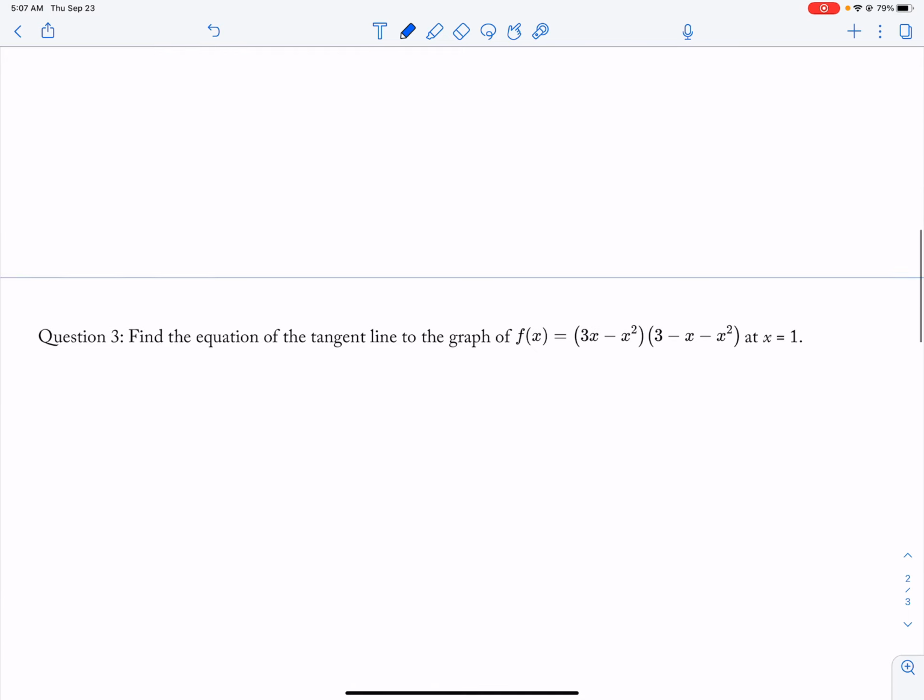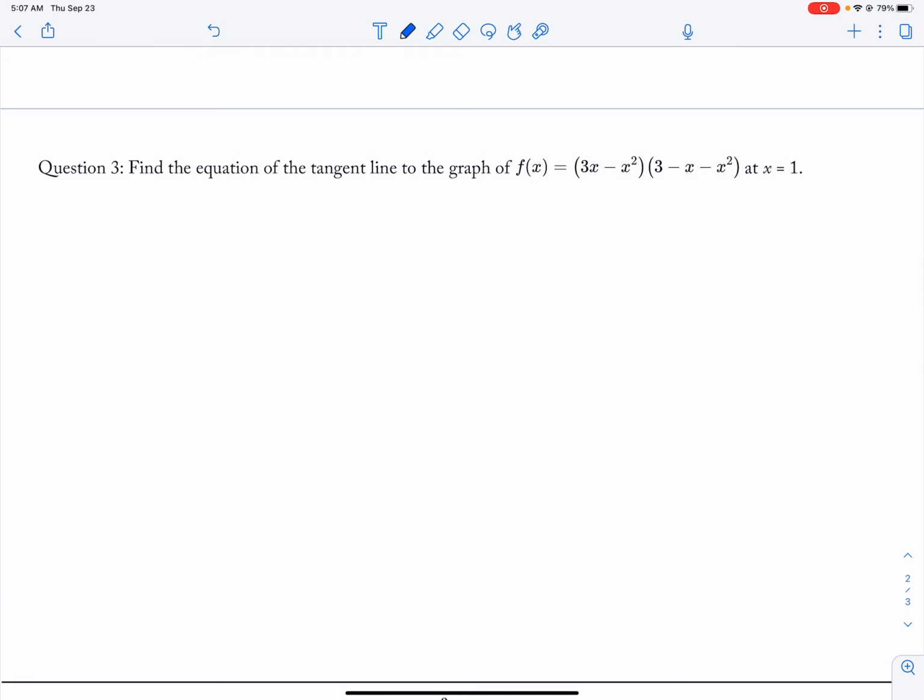Okay, question 1, question 2, question 3. Product rule. When x is equal to 1, this is 1. No, it's not 1. When x is equal to 1, this is 3 minus 1, which is 2.